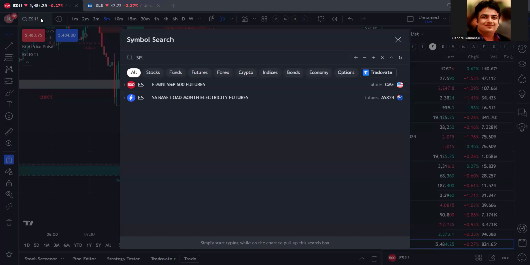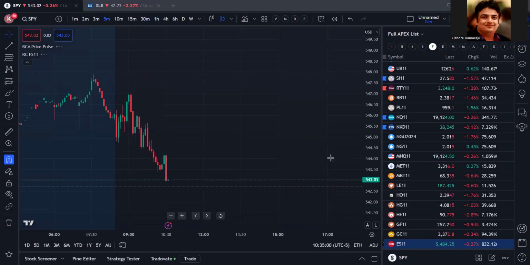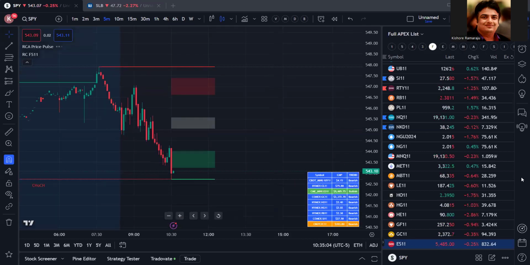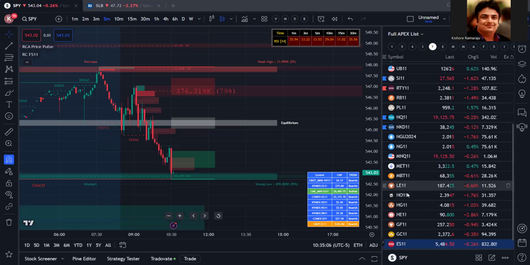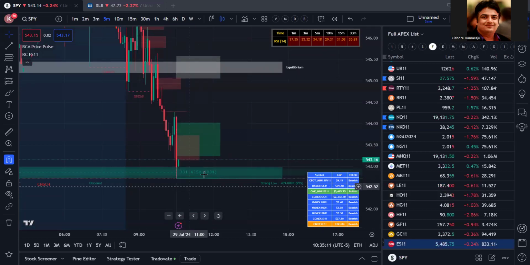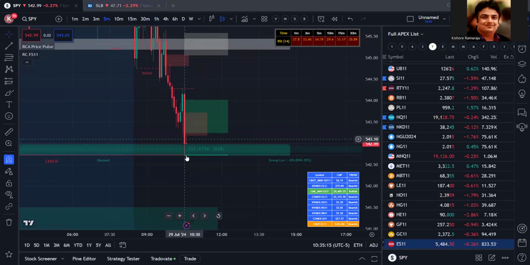Let's wait for it. You can see there is a high 331,000 buy order block. It touches the support.